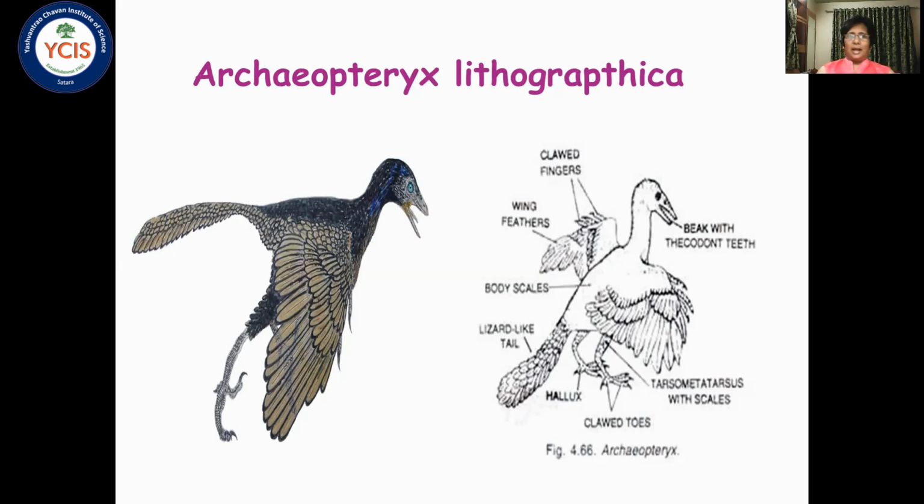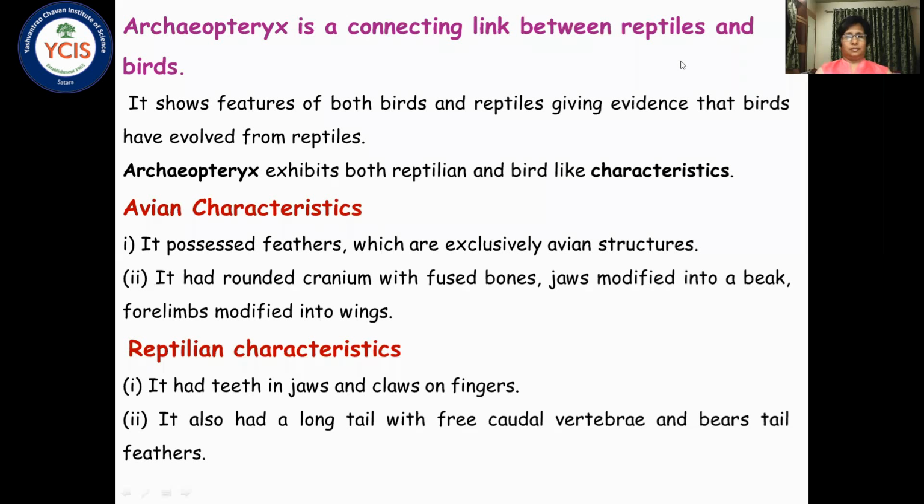The reptilian characteristics are that it bears teeth in the jaw and claws on the fingers. It also had a long tail with free caudal vertebrae and bears tail feathers. These are the characteristics of birds and reptiles in Archaeopteryx lithographica.